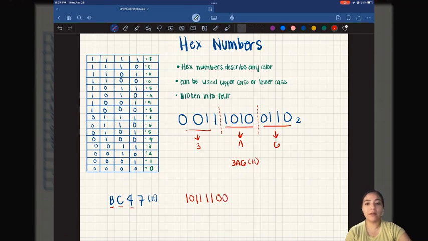Look at the 4, 0100. And look at our 7, which is 0111. And that hex number is converted to a binary, and it's that long number right here at the end.